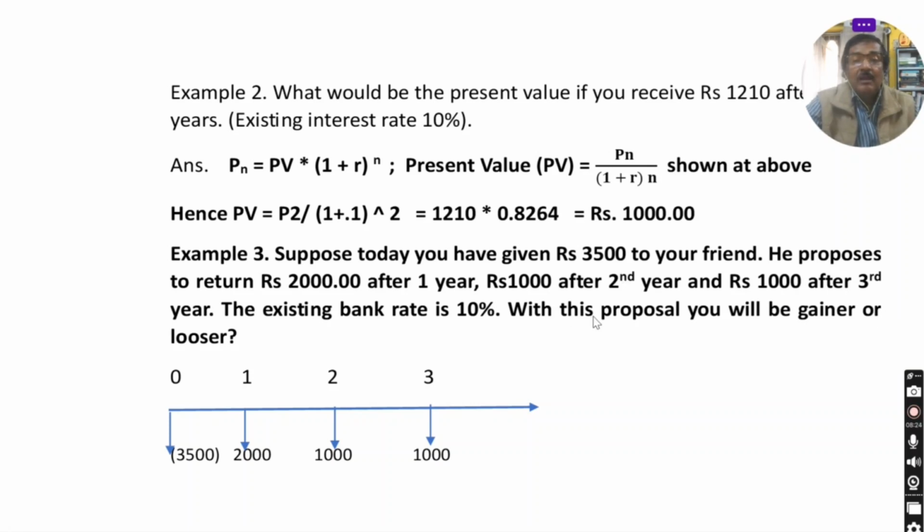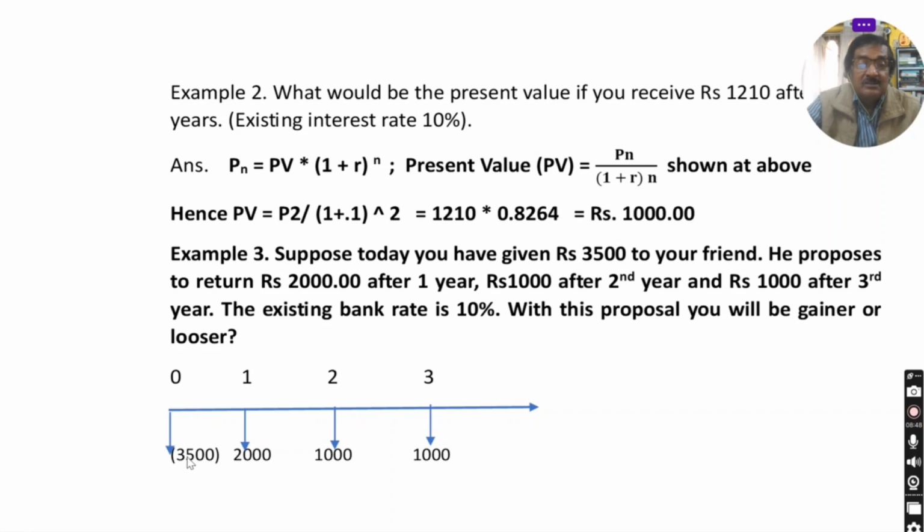The prevailing interest rate or bank rate is 10% per annum. Should we accept this proposal? That means you will be a gainer or loser. Okay. And accordingly we will take the decision. And this is the timeline.